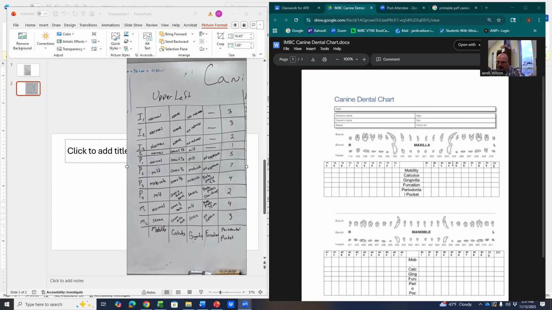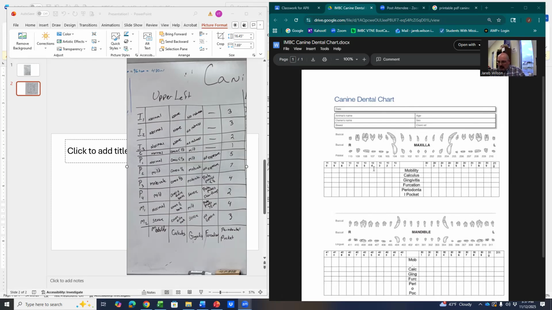First premolar, or 205, that is 5 millimeters. You can just record a 5. 206, that is a depth of 7 millimeters. It's a little extreme, but you would just write the number 7 in there.